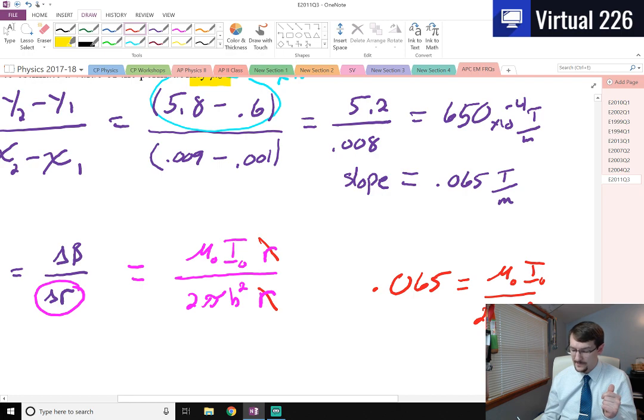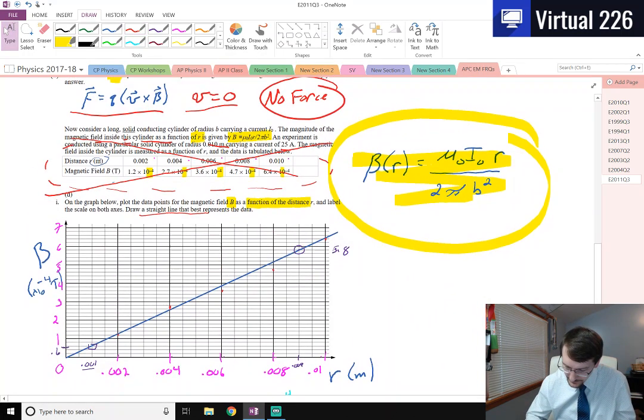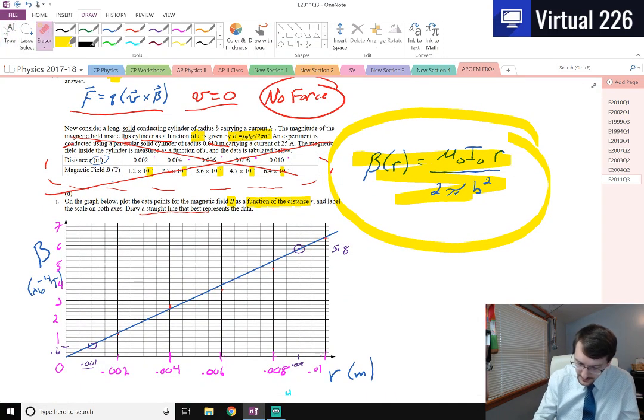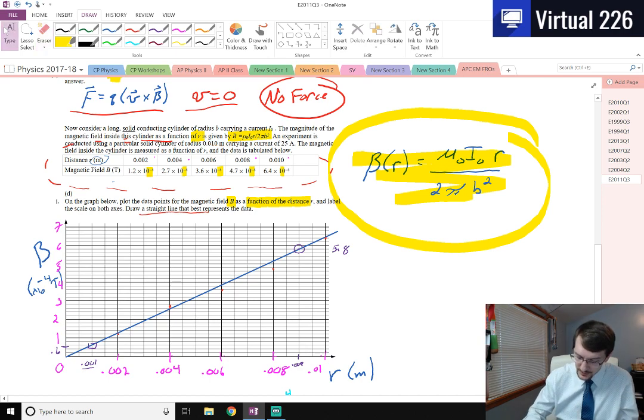Just like that. They gave us some values in this problem that we can use.